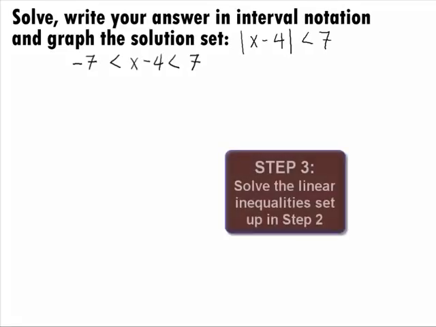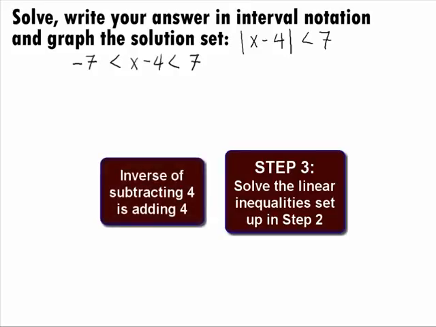In step 3, we need to solve the linear inequality set up in step 2. Looks like we have a compound inequality. The inverse of subtracting 4 is adding 4, which gives us negative 7 plus 4 is less than x minus 4 plus 4 is less than 7 plus 4.